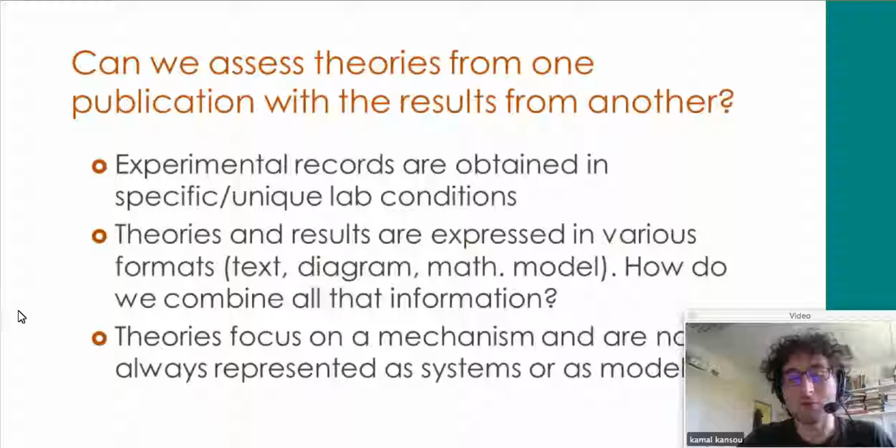If you really want to implement a theory and test it against results from other publications or experiments, it's an advantage to have this theory implemented as a system, or as a mathematical model, even better.